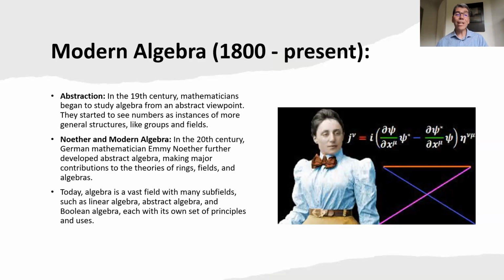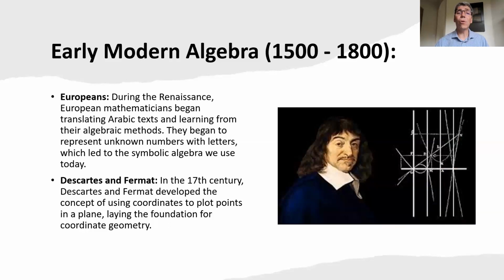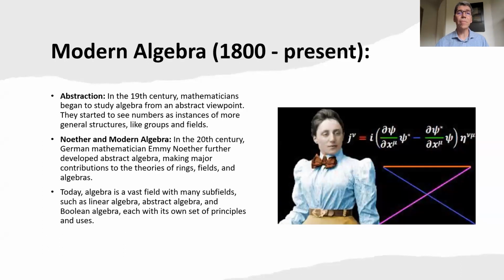So lots of different subfields. We are not going to go into that level in this course. We are probably going to go more into modern algebra at this point in this course.